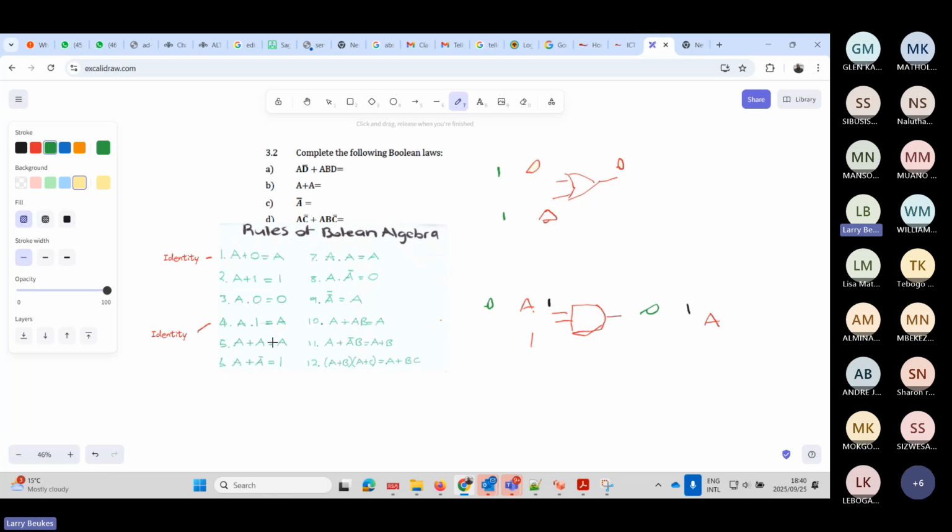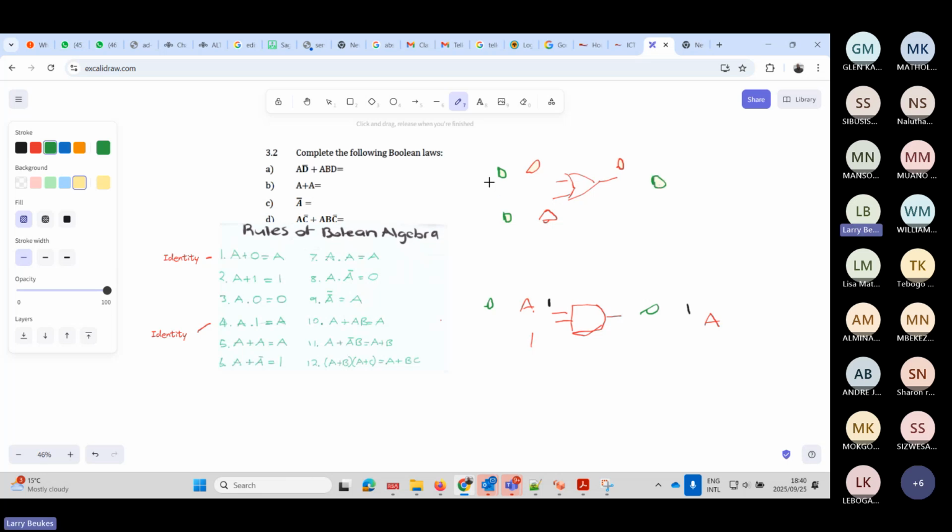A OR A, the output is A. So it means the output is 1. So we know this is true because this is how an OR gate works, right? 1 OR with a 1 gives us a 1. 0 OR with a 0 gives us a 0. You see? So if we change this to 0, 0, our output is 0.